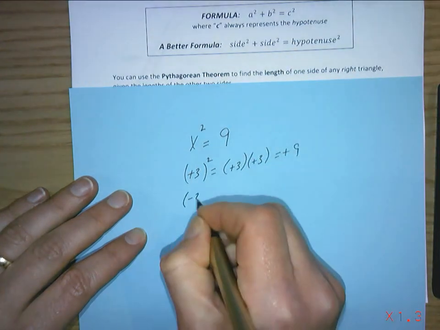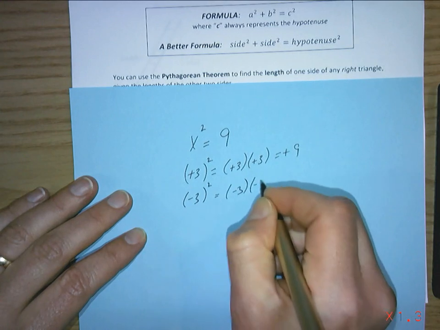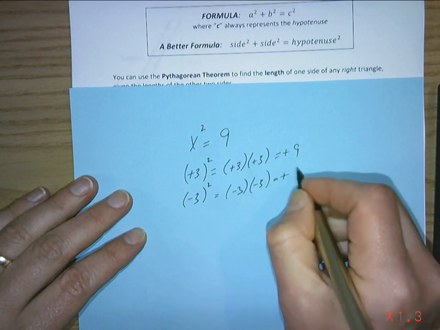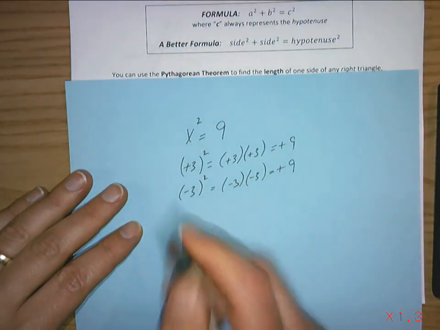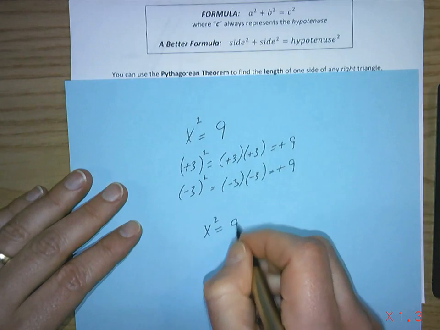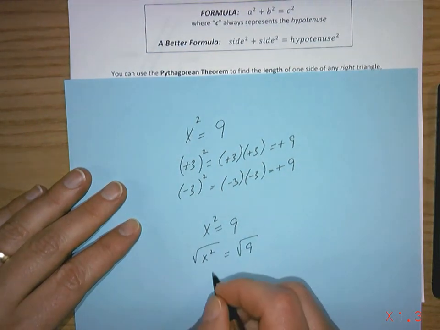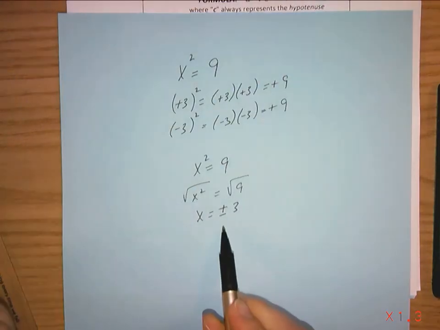But we could also have negative 3 squared, which is negative 3 times negative 3. A negative times a negative is a positive. 3 times 3 is 9. So there's actually two answers to this question. So x squared equals 9. When we take the square root of both sides, there's actually going to be two answers, plus and minus 3.